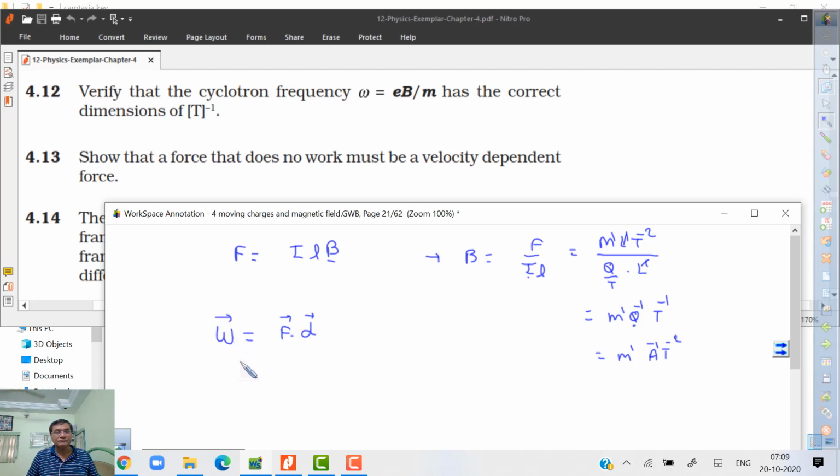If you differentiate this, work is 0. Show that the force that does no work must be velocity dependent.